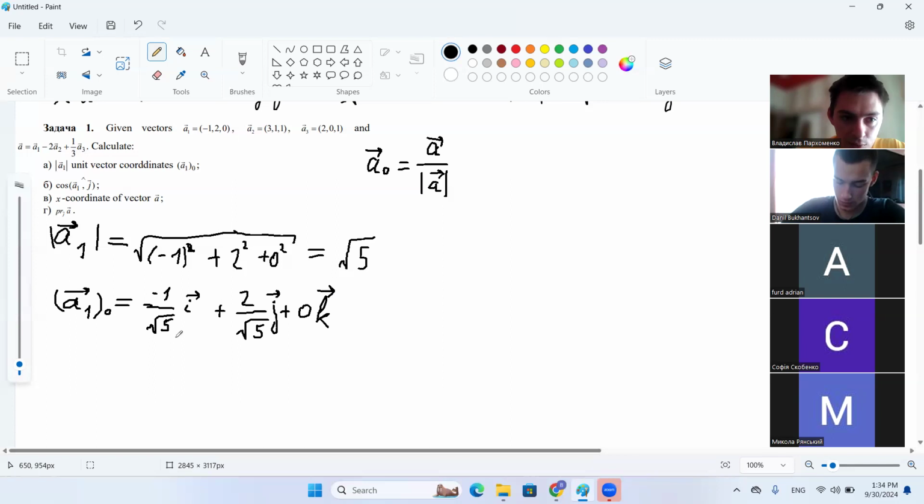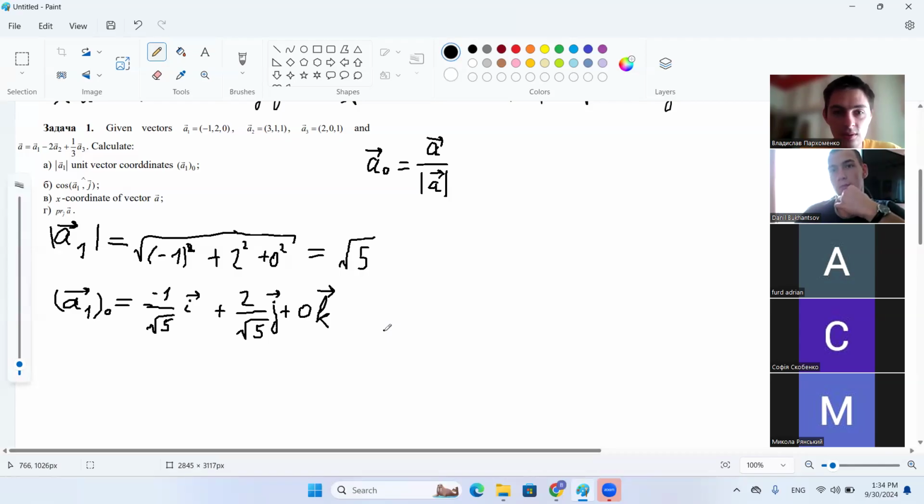Okay, and what is the magnitude of the unit vector? Who remembers? So each unit vector has the same magnitude. We need to calculate by formula.